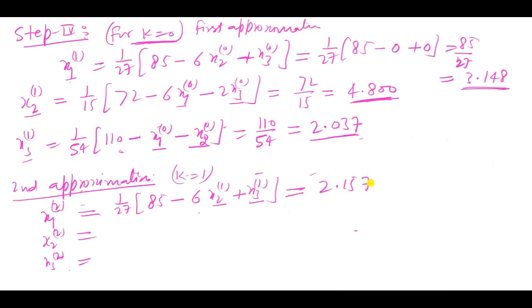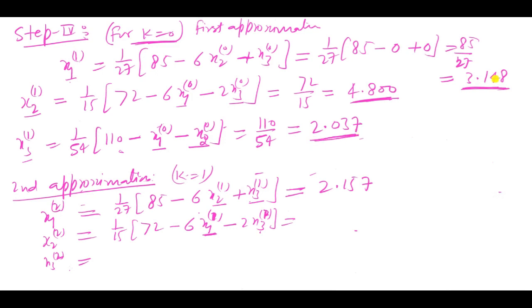2.157. Similarly put k is equal to 1 in equation 2, then x2^(2) is equal to 1 upon 15 times (72 minus 6 x1^(1) minus 2 x3^(1)), and x1^(1) is given 3.148 and x3^(1) is 2.037.